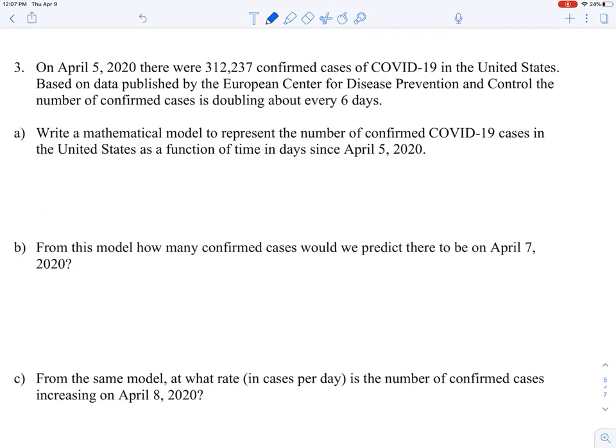Okay, so I pulled data the other day on COVID-19. So this has changed. Whenever I looked at it yesterday, the doubling time for number of confirmed cases had already increased, which is a good thing, right?